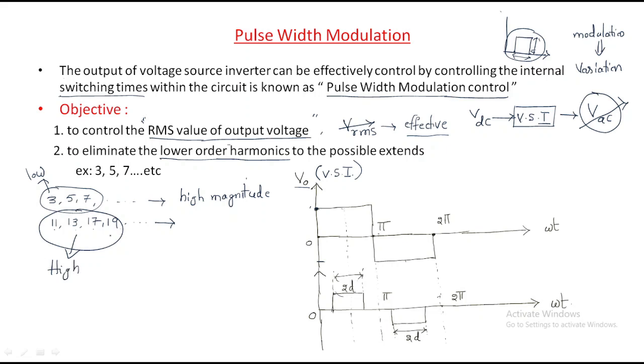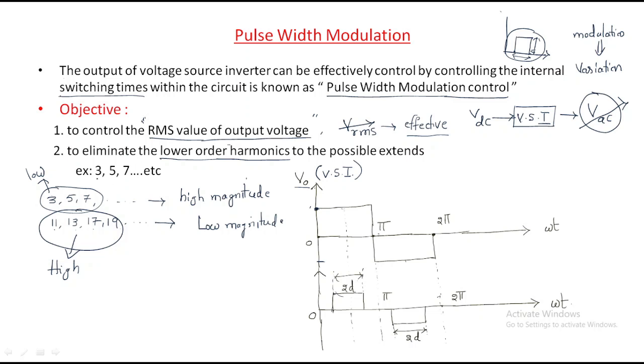But the higher order harmonics have low magnitude. That's why we always prefer to eliminate the lower order harmonics first, because they have high magnitude characteristics. So, depending on the possibility, we can remove the lower order harmonics.